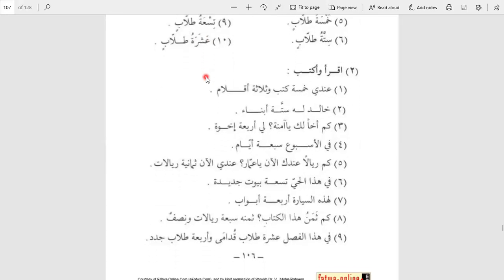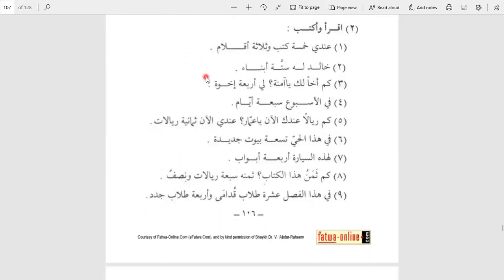Let's look at this Iqra waktub. So we're going to read and write. Indi hamsatu kutubin wa thalathatu aklamin. So I want you to read correctly. For your understanding in reading this, you can pause now and read.